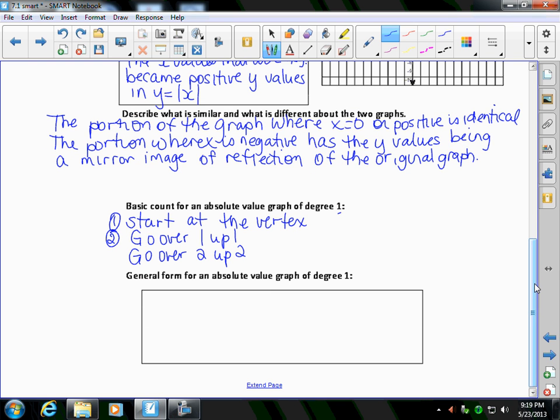So the general form for an absolute value graph of degree 1 is y is equal to plus or minus a, absolute value of x plus or minus p, plus or minus q. So our a can be a positive or negative value. If it's negative, then your graph is going to go in this direction, positive goes in that direction, right?